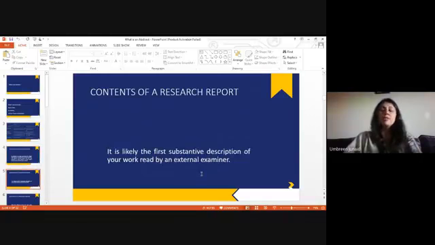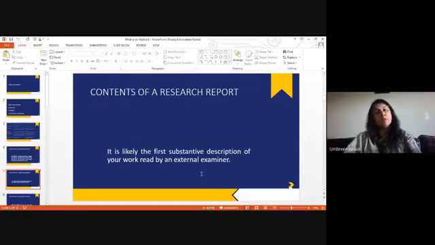It is likely the first substantive description of your work read by an external examiner. As a student, when you present your work in front of an audience, your work is presented to an examiner as well, because this is your requirement of the degree.